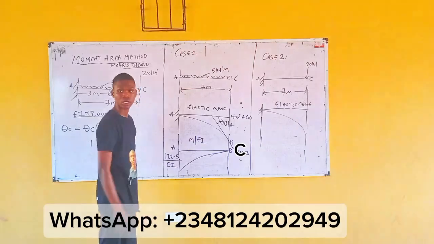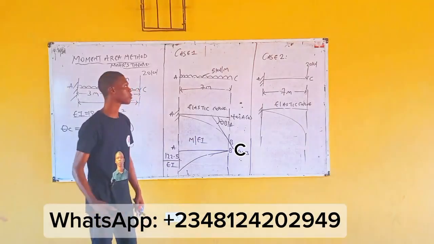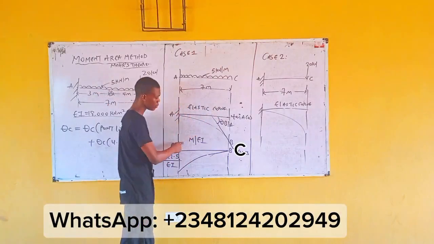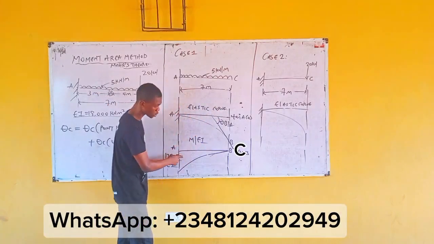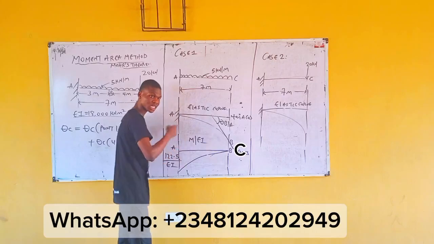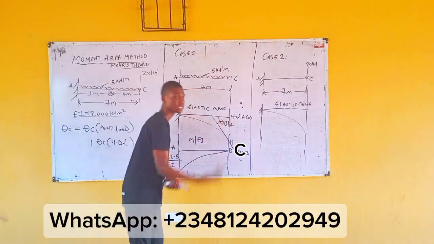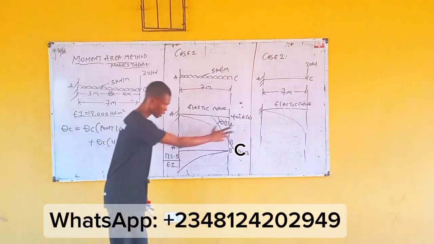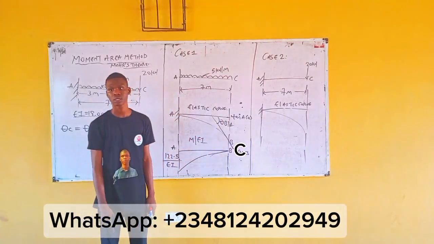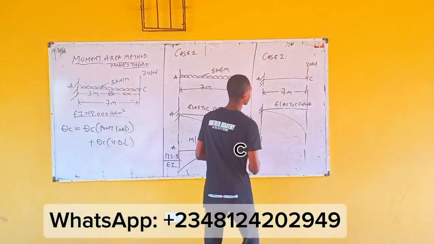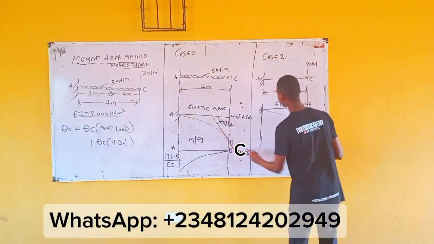After drawing your elastic curve, indicate the M by EI diagram due to the UDL, then draw the next M by EI diagram due to the point load. For better understanding, you can separate them like this, and you'll see what you are doing.